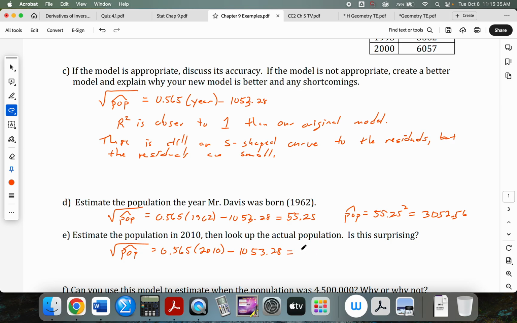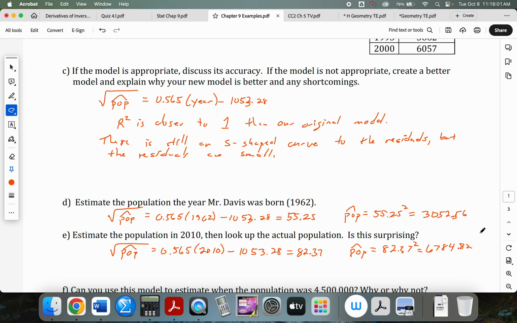What does that come out to be? 82.37. Squared would be 6,784. So that's almost 7 million people.